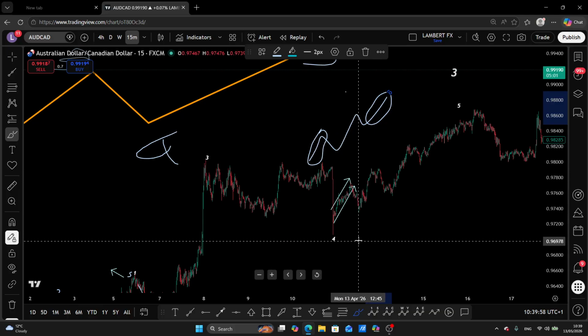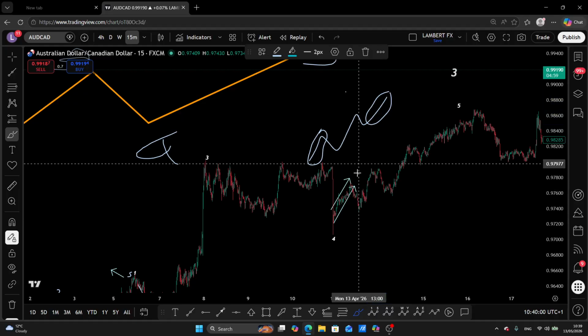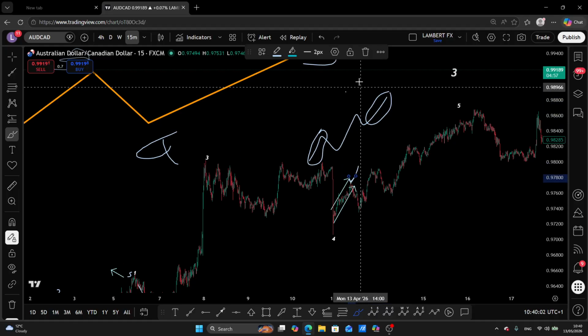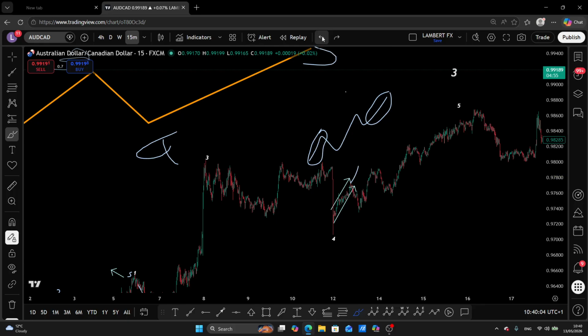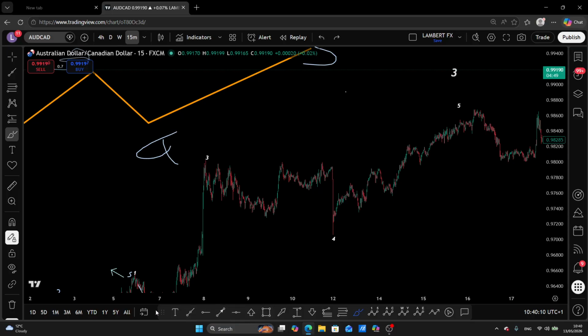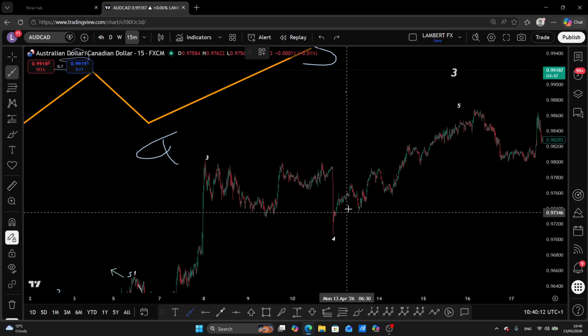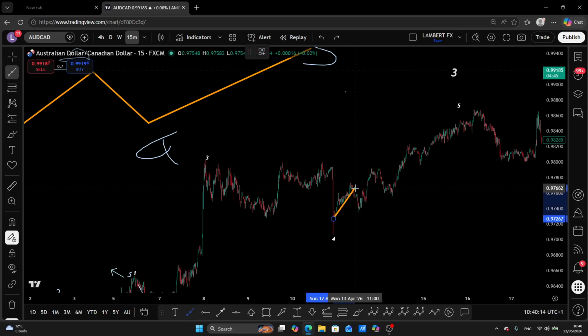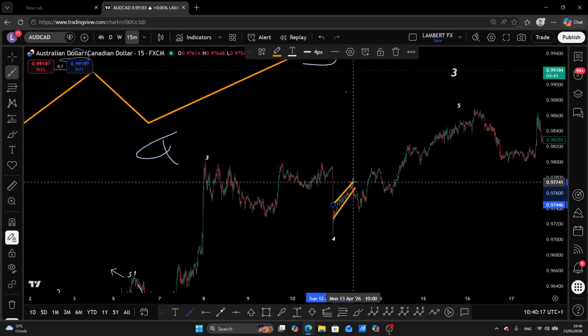This right here is a leading diagonal. This right here was a leading diagonal for 1.